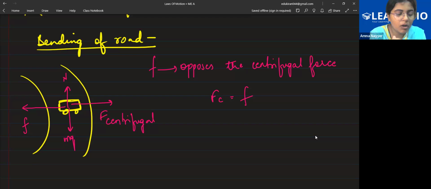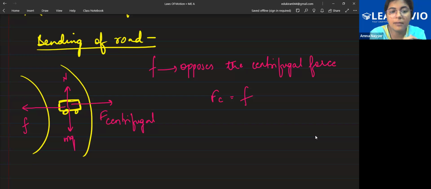Because it is in contact with the ground, a normal reaction goes upwards. Weight, which is the gravitational force, acts downwards. So along the y-axis, the normal reaction is balanced by the gravitational force, right? So N is equal to mg here.